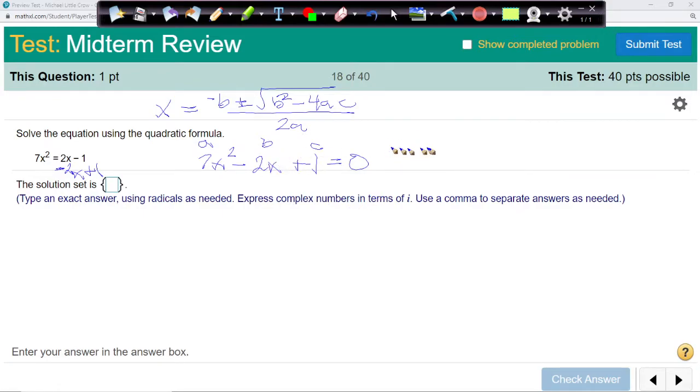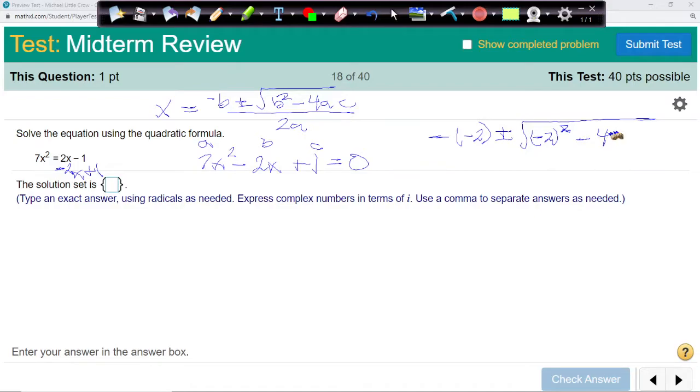So b is negative 2. So minus negative 2 plus or minus, that gives us the 2 answers, potentially. B squared, so minus 2 with the parentheses around it, squared. That's going to be a positive 4.